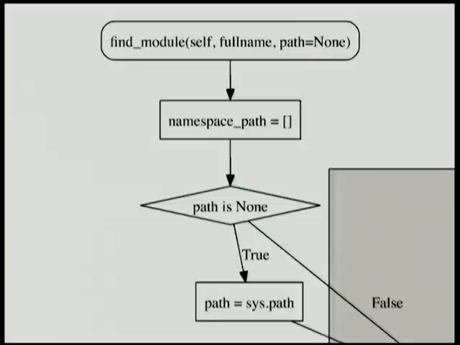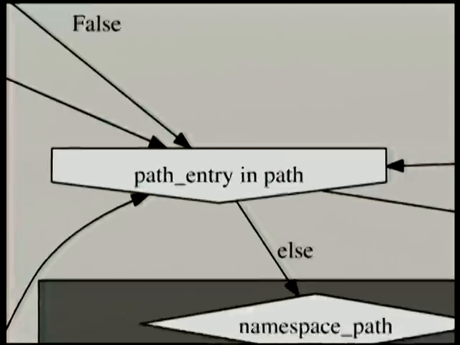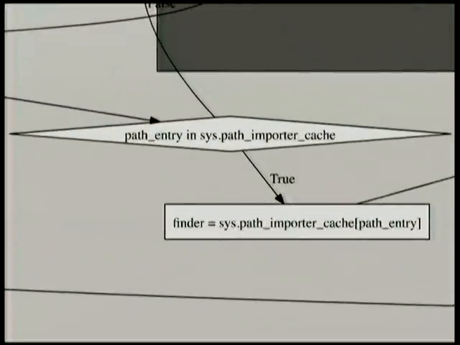So let's say path was None. They're doing a global top-level import of the os module, right? So path then is going to be None, and so you're going to have to make that sys.path. Otherwise, it's already specified. So what do you do with that information? Well, you start iterating through all those entries in your path, as I said, either sys.path or __path__. And you start looking for an actual path entry finder for that entry.